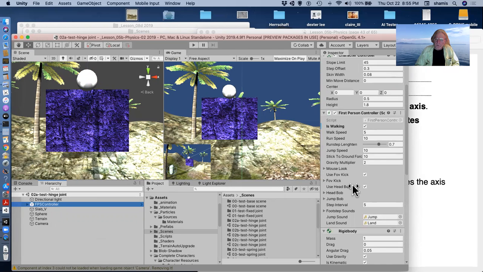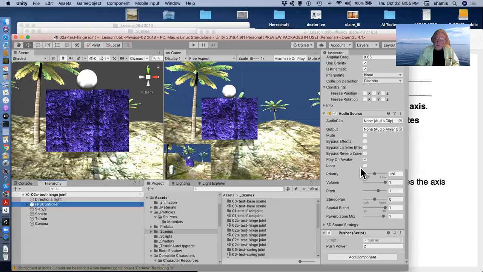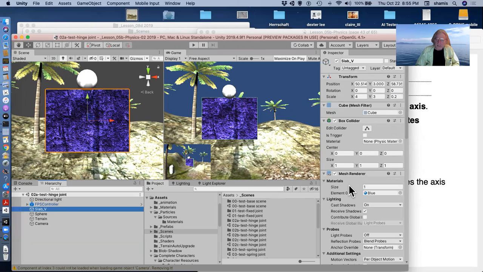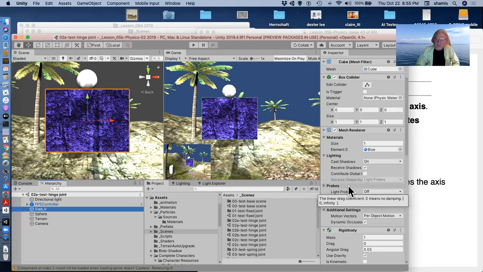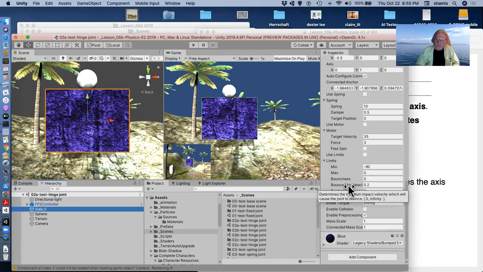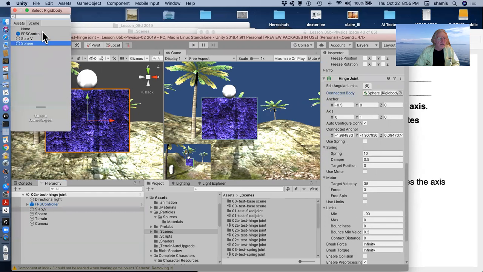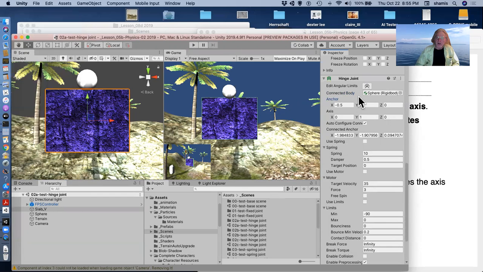One thing to note when you're working with these joints is that if you leave the connected body blank, if you leave it at none, the connected body is considered to be the world.